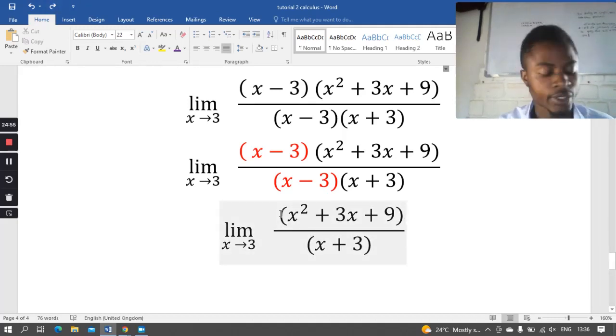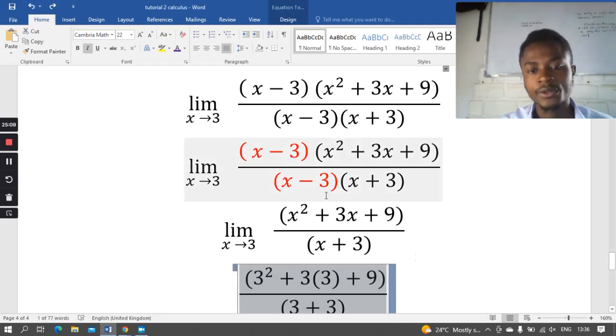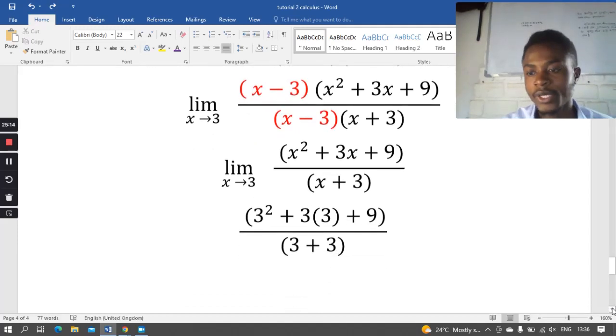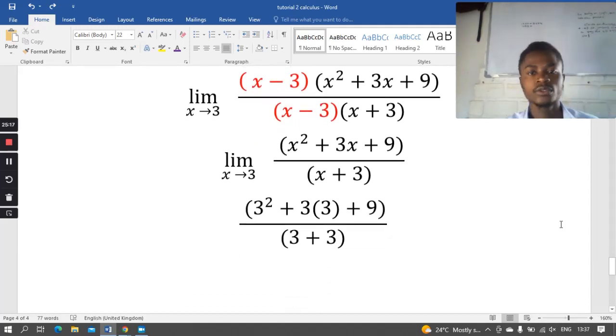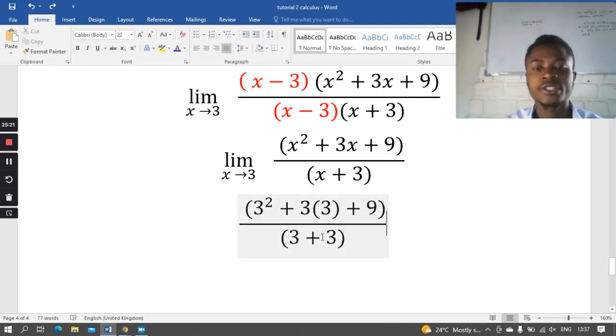So the next step, what you just need to do is to plug in a 3 where there is x. So when we plug in a 3 where there is x, this is what we are going to have: 3 squared plus 3x plus 9 over 3 plus 3.